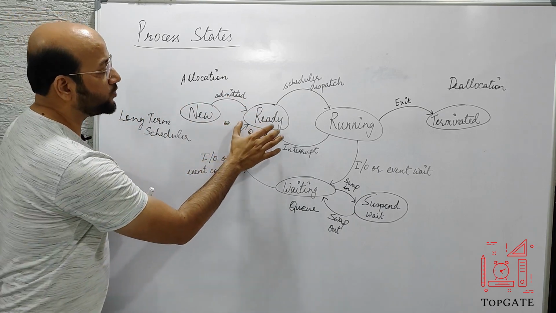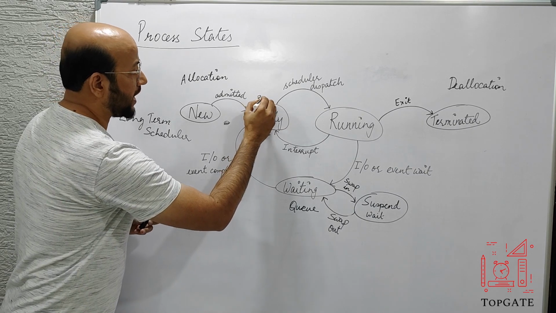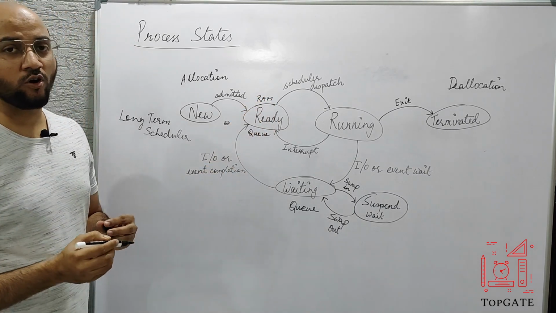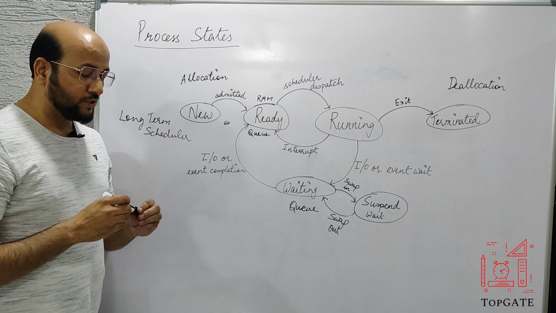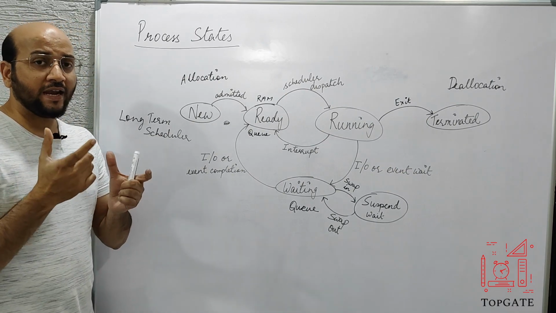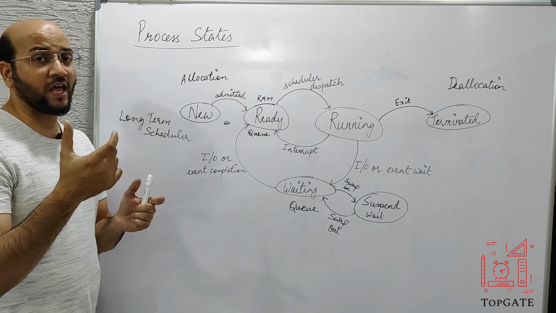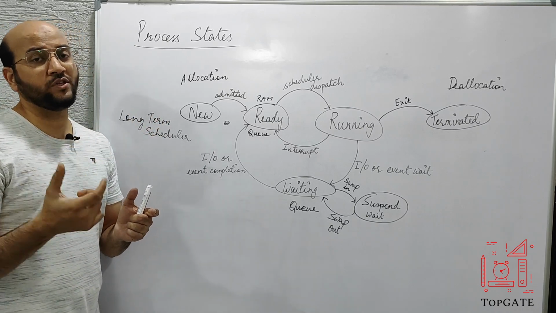Now, sending it to the ready state means this ready state is there on the RAM, that is, random access memory or the main memory. Whenever a CPU has to execute any process, that data should be residing on the RAM, because the access speed of the RAM is very fast as compared to the secondary storage.